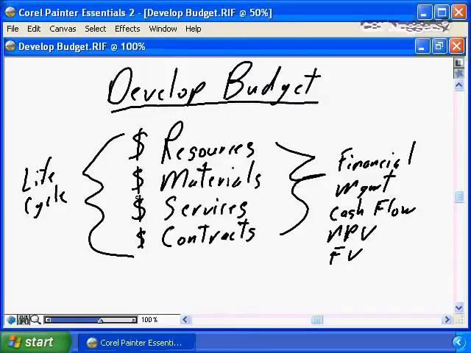So developing the budget truly presents the big picture, what the overall project is going to cost, especially if you can include the complete life cycle cost for your project, to ensure that the cash flow analysis for your organization is complete, predictable, and reliable.